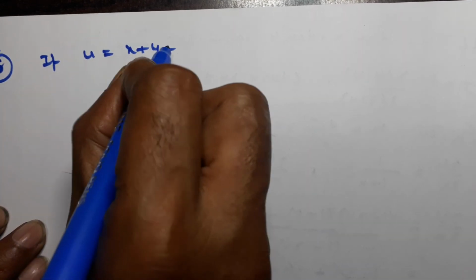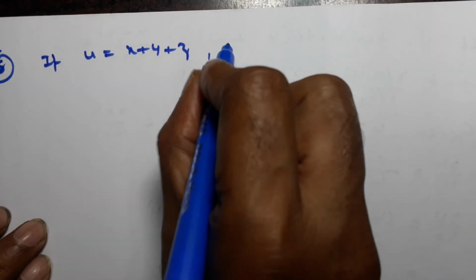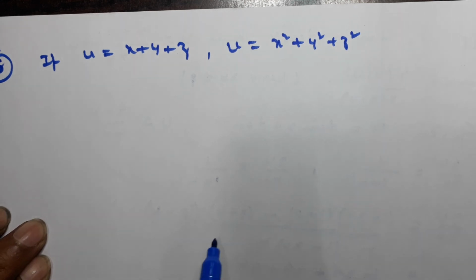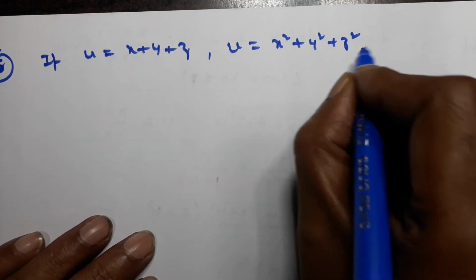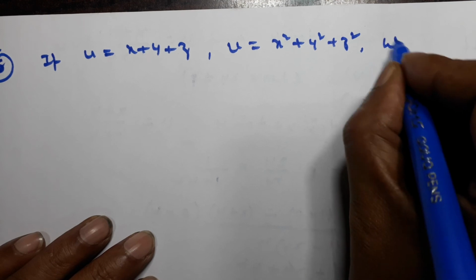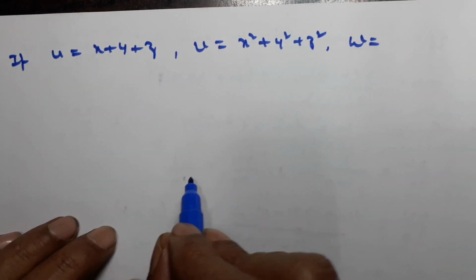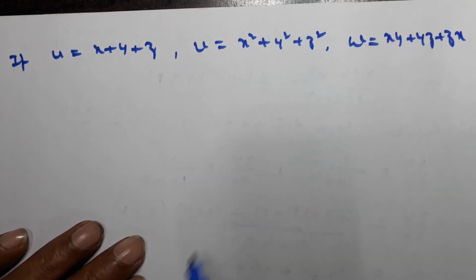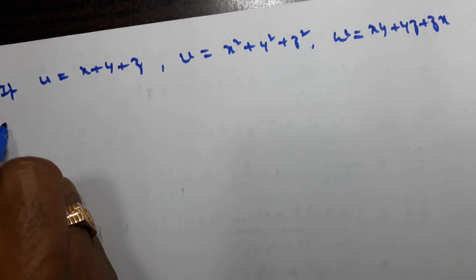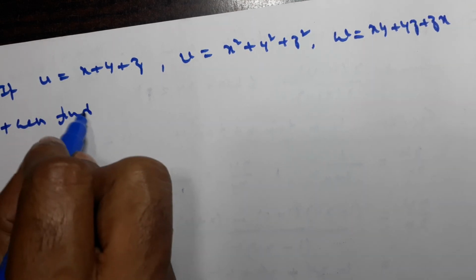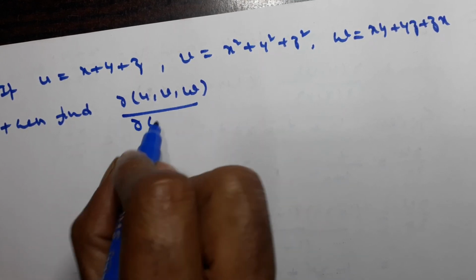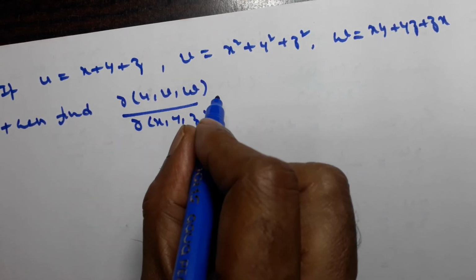If u is equal to x + y + z, v is equal to x² + y² + z², w is equal to xy + yz + zx, then find ∂(u,v,w)/∂(x,y,z).